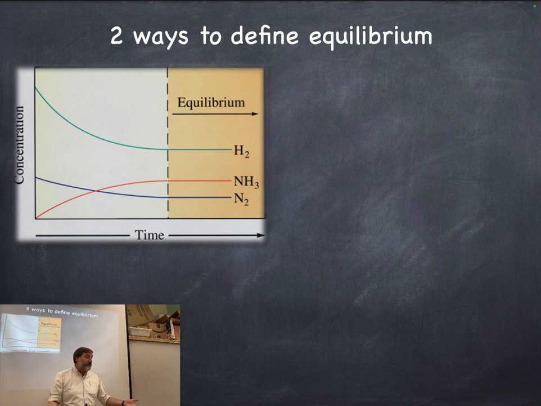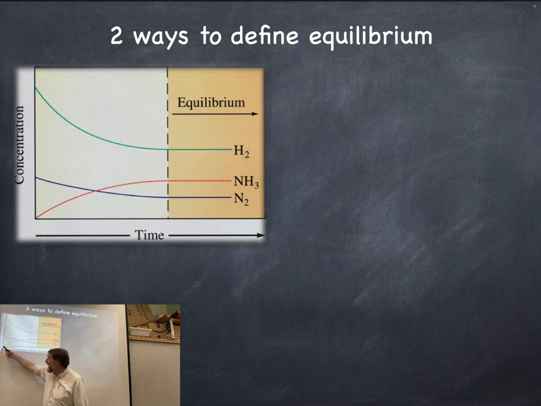As the concentrations of nitrogen and hydrogen decrease, the rate of the forward reaction decreases. We know that rate depends on concentration. That's what we just spent a good chunk of time learning about last unit, the relationship between rate and concentration. As that rate decreases, that forward reaction, how fast we're using up the reactants, slows down.